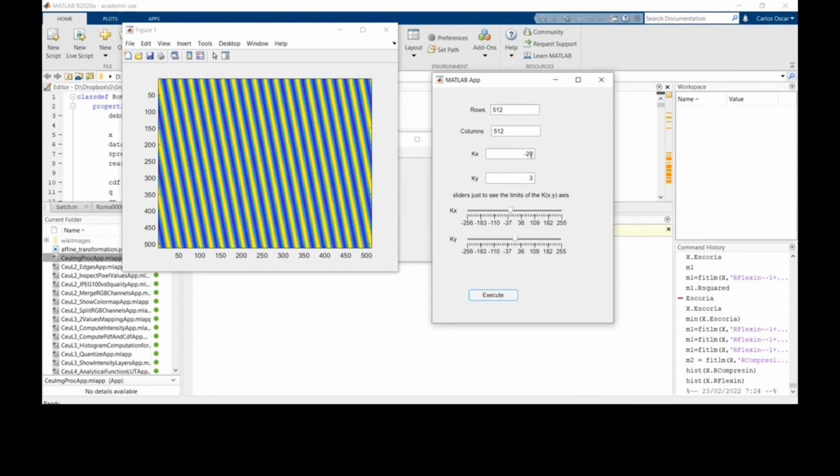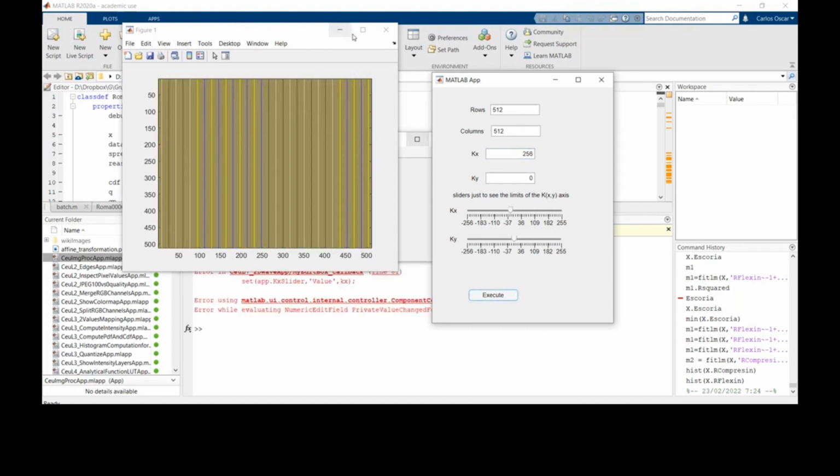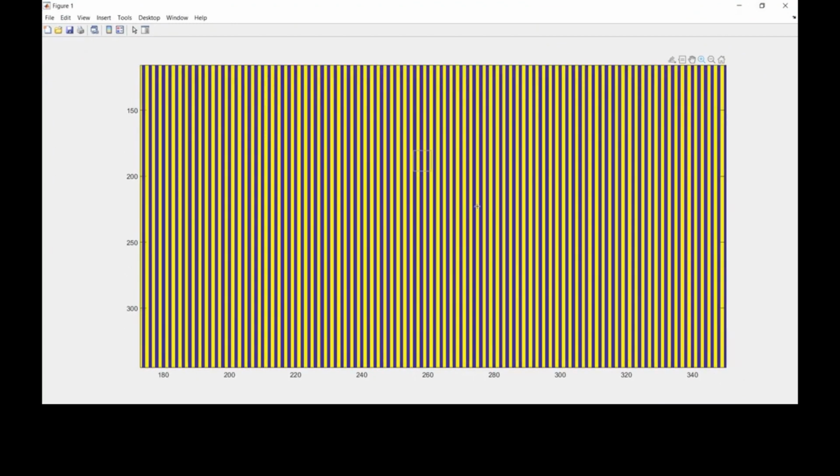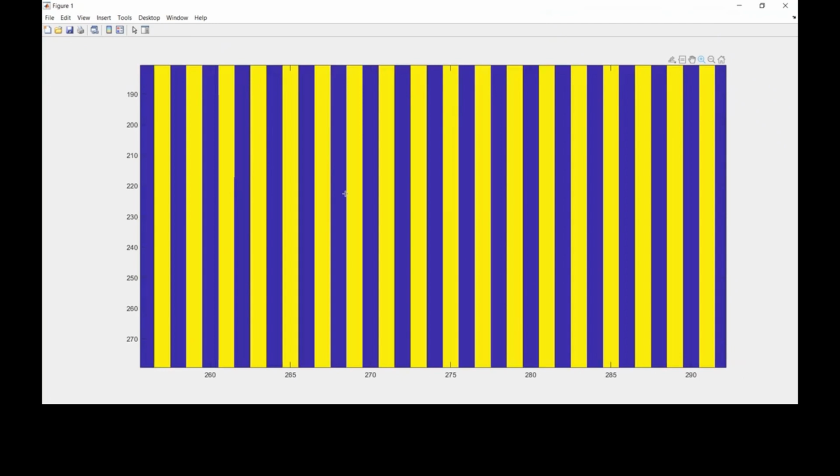Okay, what is the fastest? So let's put 0 here. So it would be 256. Now it is the fastest that we can have, and let me make a zoom. So it goes minus 1, 1, minus 1, 1.